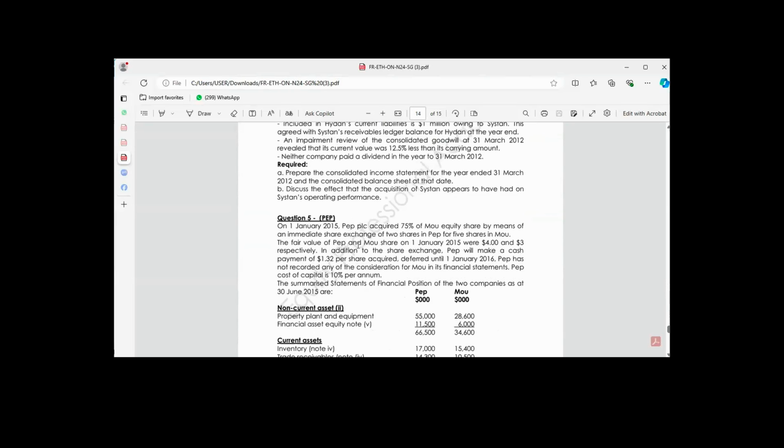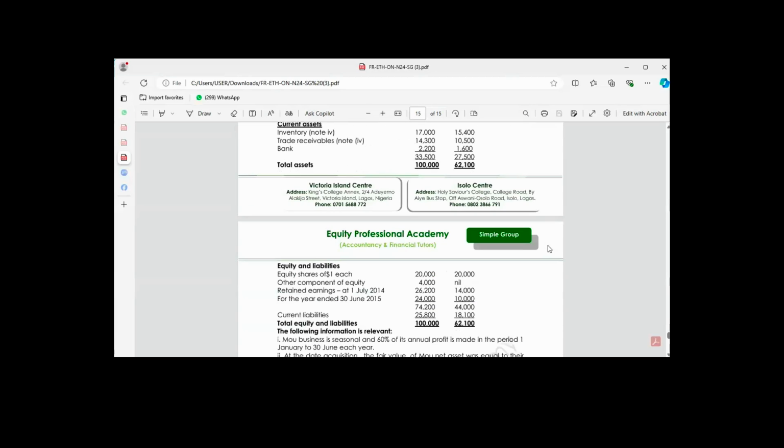The fair value of PEP and more shares, so they've given the fair value of the shares on 1st January 2015, which is the date of acquisition: 4 naira for the parent, 3 naira for the subsidiary. If that be the case, what is the share capital? Oh, 20,000.